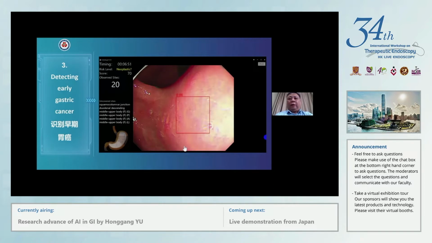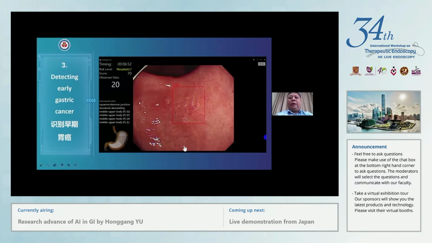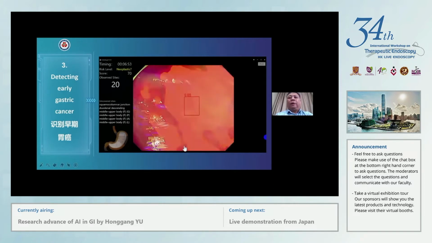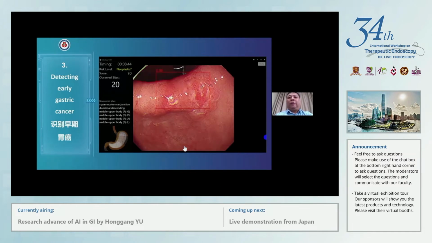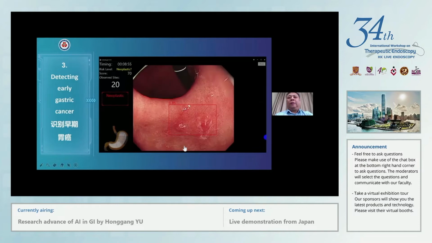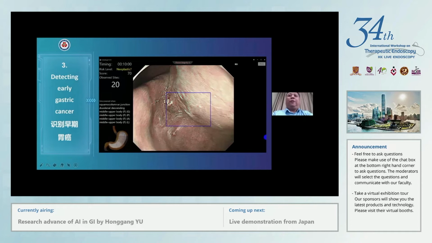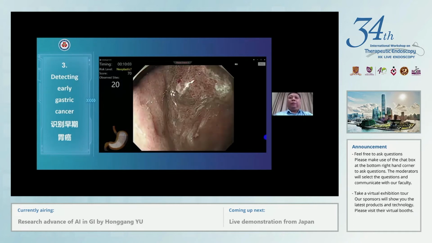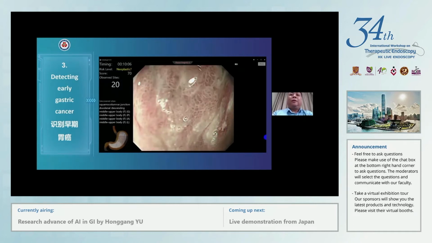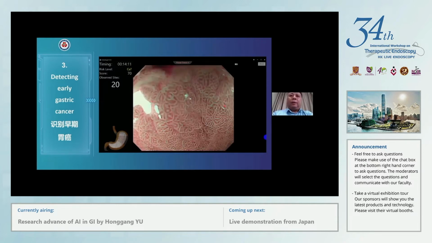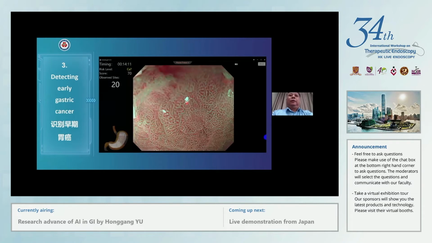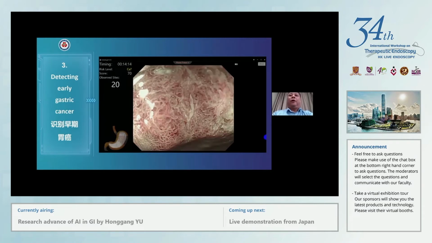Under MBI, you can see that we also developed a function to assess the characteristics of the lesion. If the square becomes red, that means this lesion is malignant, which means early gastric cancer.